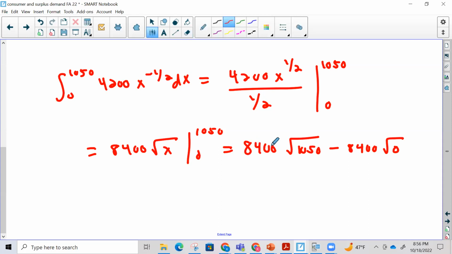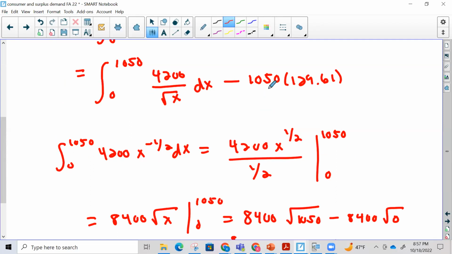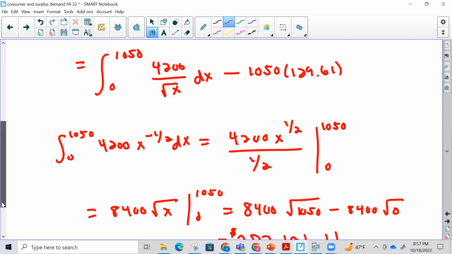If I calculate that, I get 272,191, and we just do 2 decimal places. This is that integral, the area of the entire thing. Then we go back to our formula. We just found this part, and we're going to subtract out 1050 times 129.61.